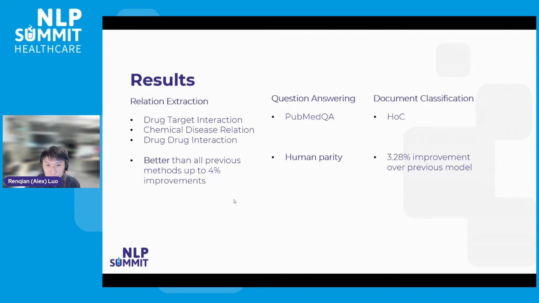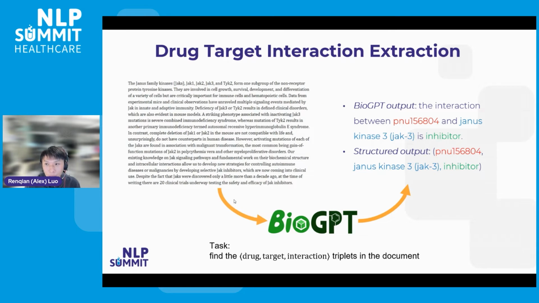Here we provide some examples of our model when fine-tuned on downstream tasks. Here is an example of the drug target interaction extraction task, where, given a paragraph or some text, the goal is to find the triplet of drug, target, and the interaction between them in the document.